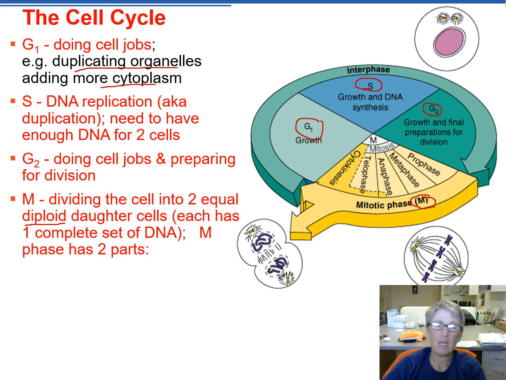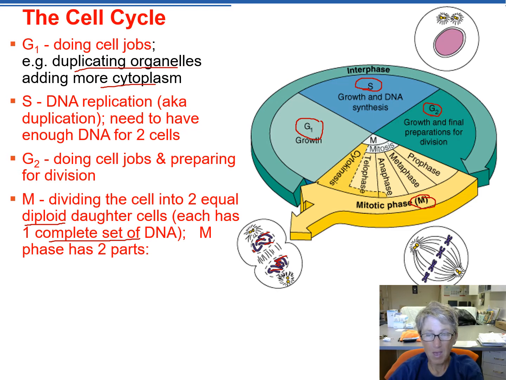In other words, each daughter will have a complete set of DNA. In this cartoon, we said it was 1, 2, 3, 4 chromosomes. This looks like there's 1, 2, 3, 4, 5 chromosomes, but there should be 4. We'll have to call the people who drew this cartoon.